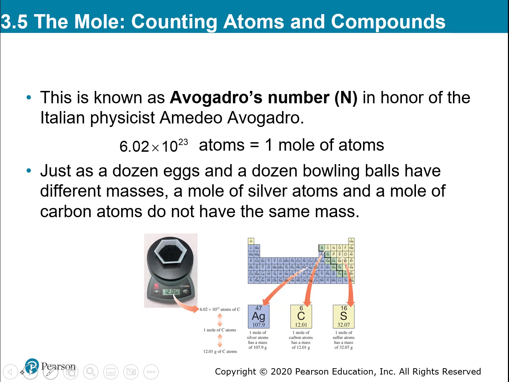So physicists did this. So he was like, okay, so knowing how much water weighs, knowing how much hydrogen weighs, knowing how much carbon weighs, he did like all these calculations based on the size of atoms and how close they are together to try and figure out well, how many actual particles is in this 18 grams of water or 12 grams of carbon. And he found there's a lot.